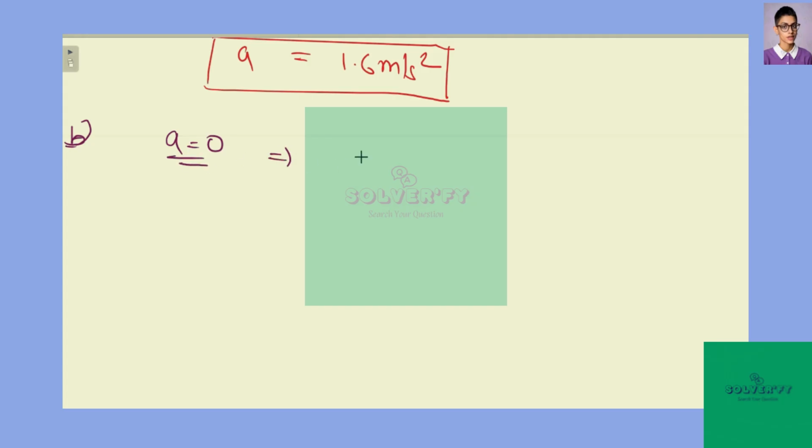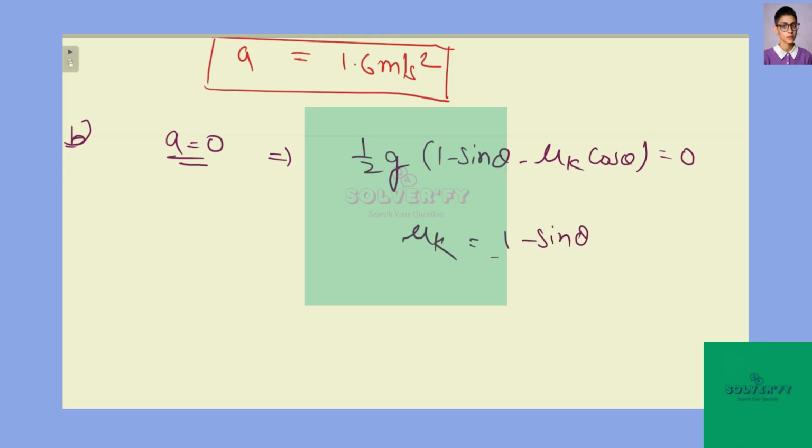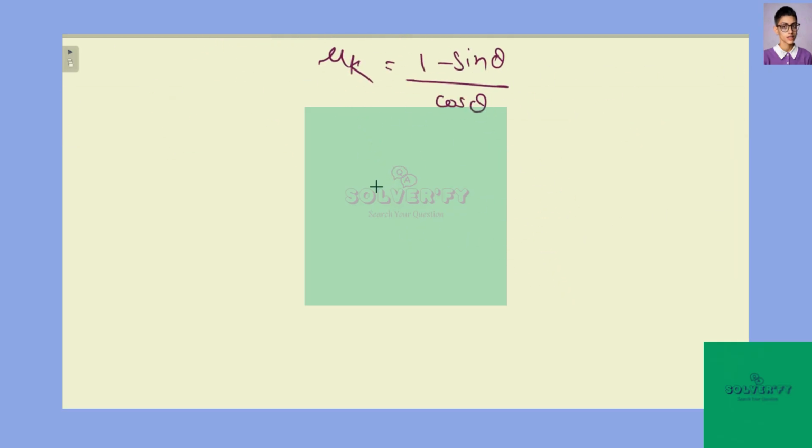So half of g into 1 minus sine theta minus mu k cos theta equals 0. From here we get the value of mu k, that is 1 minus sine theta upon cos theta. Now put the value of theta here and we will get the coefficient of friction. This is 1 minus sine 34 upon cos 34, and this comes out to be 0.53.